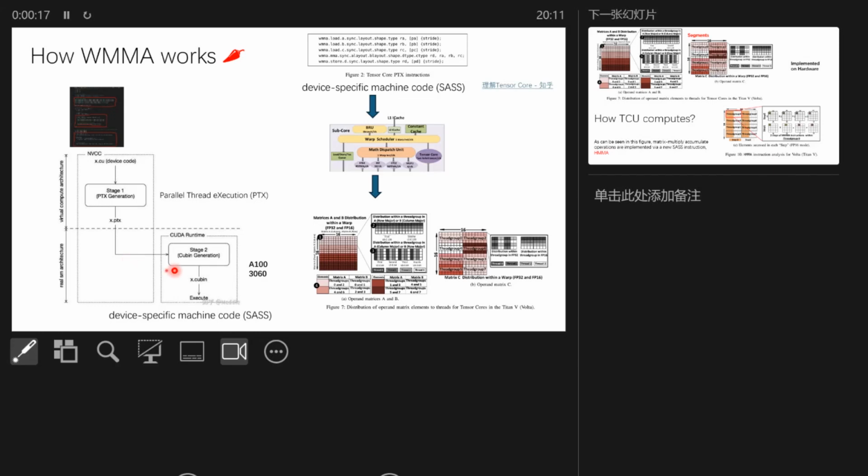Then during runtime, since different GPUs have different architectures, like V100 is Volta, T means Turing, A means Ampere, they have different machine structures, so they compile into different specific machine code.